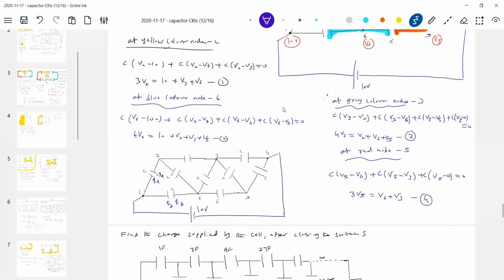Okay, we got it, no? So then what is the capacitance? C14 should be equal to QA plus QB by 10. Once you know potentials V2 and V6, you can calculate QA and QB. So what is QA?